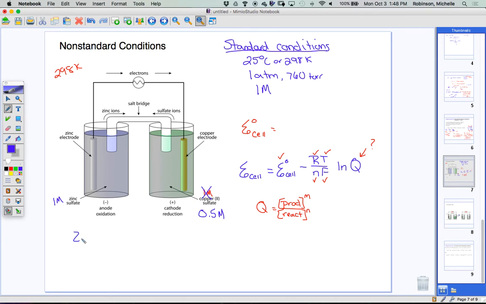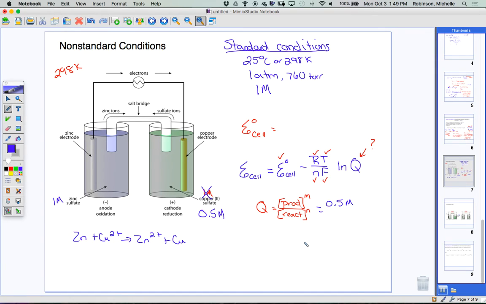Because we have zinc plus copper 2 plus goes to zinc 2 plus Cu. So in this case, they're all 1 to 1 to 1, right? So the only thing that's going to change, this Q for this reaction is going to be 0.5.